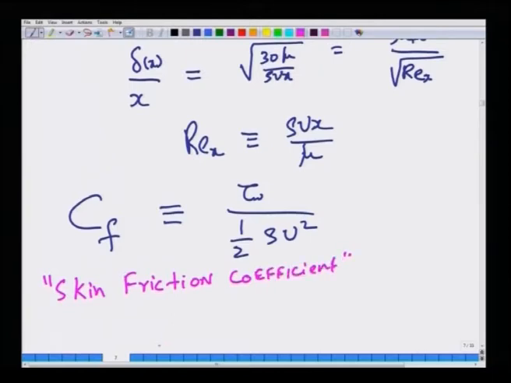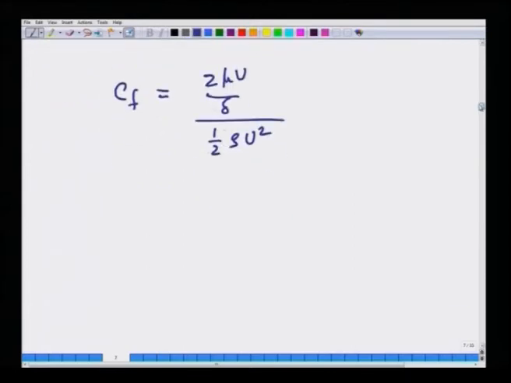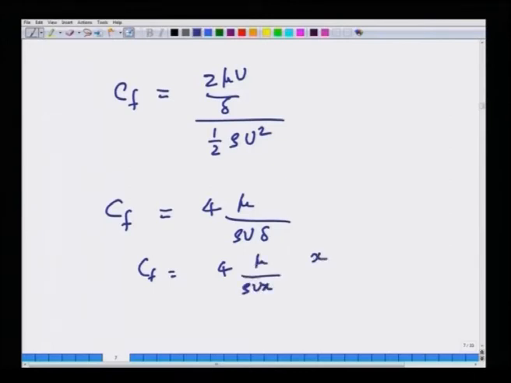Okay. So, now I know what tau w is, which is 2 mu u by delta, divided by half rho u squared. So, Cf, after substituting what delta is, I will get 4 mu by rho u delta. Cf is nothing but 4 mu by rho u x times x by delta.